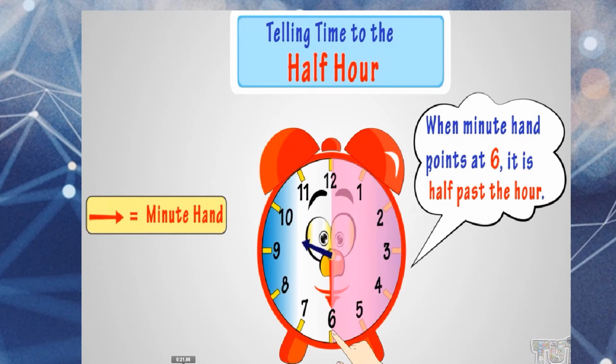Class, when do you say that it is half the hour? Yes, Serene. When the minute hand points at 6, the time is half the hour. That's correct. Very good.